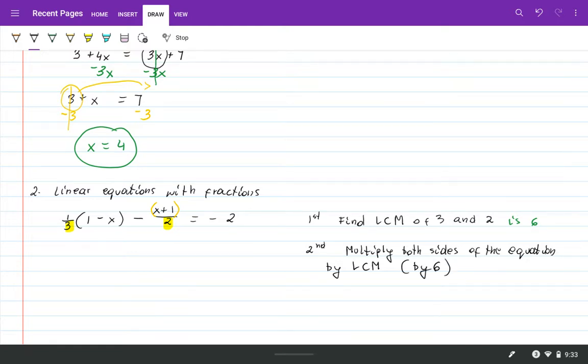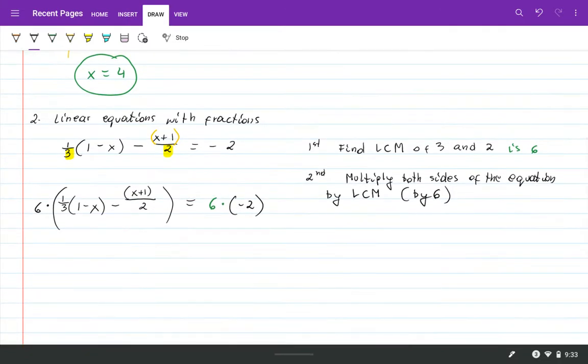So I'm multiplying left side of the equation by 6. So we have 6 times, this is my left side. So we have 1/3 (1 minus x) minus (x plus 1) divided by 2 equal 6 times the right side of the equation, which is -2.